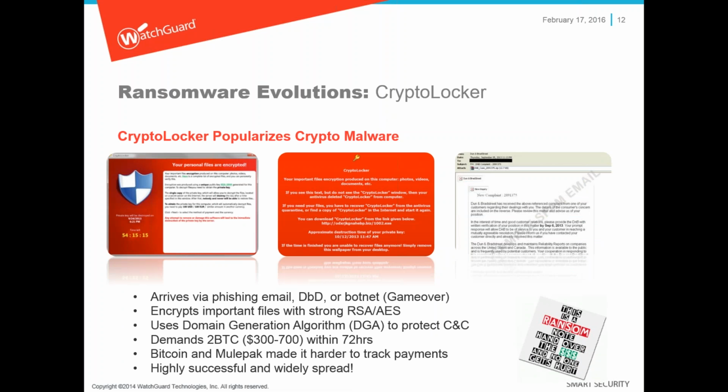Like the older forms of crypto malware, Cryptolocker is placed on your machine, and it will look for your files on your machine and it's going to encrypt them. But what makes this different is it targets usually business files. Most commonly, it's going to look for anything that could be business data.